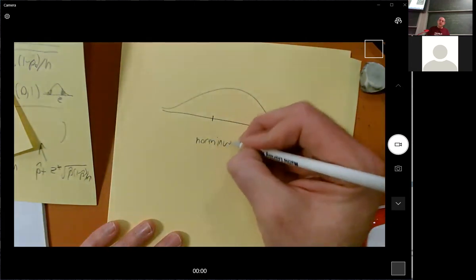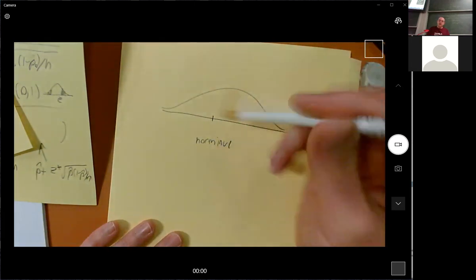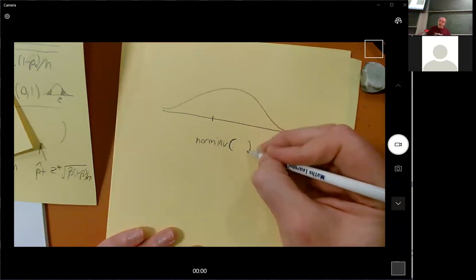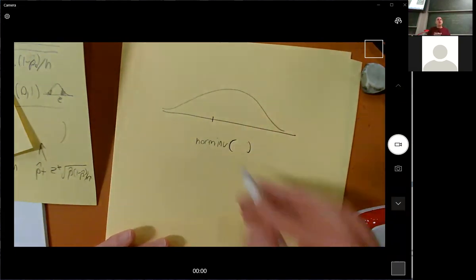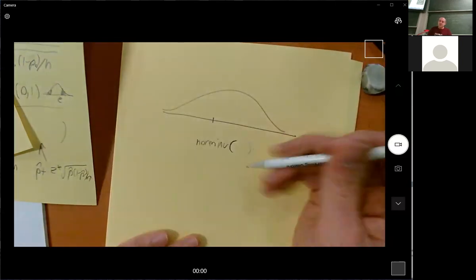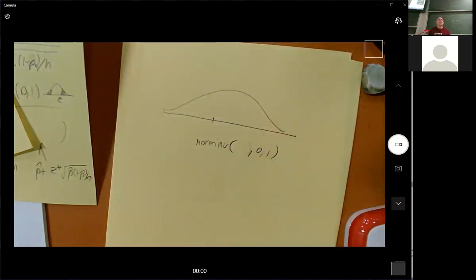It's just norm inv and then brackets and the argument. And if you don't put anything else in, there are optional arguments, right? It'll just assume it's the Z distribution, or do you have to put the 0 and the 1 in? Okay. 0.05. Okay, yeah. Cool.